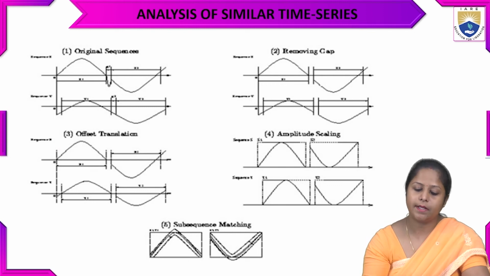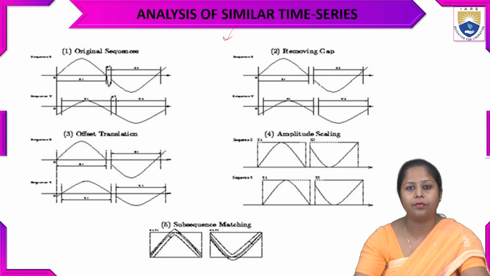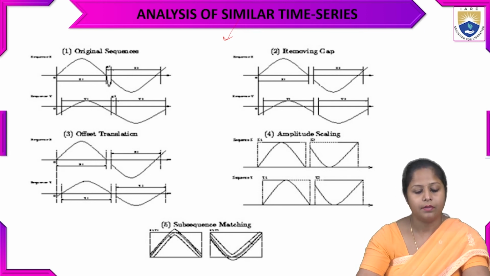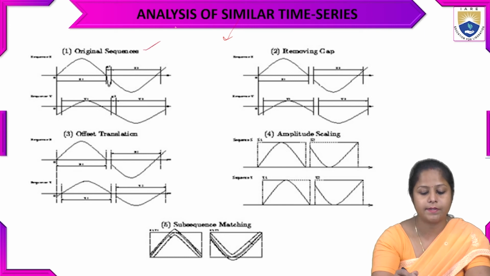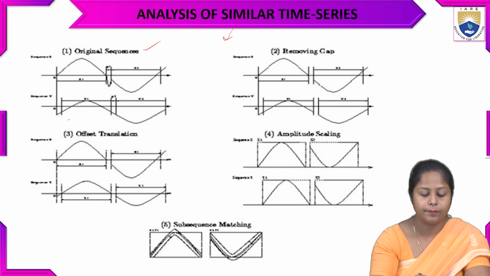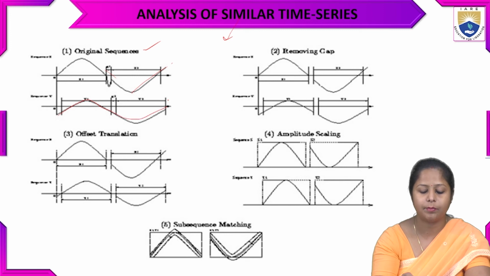In this example, we have the analysis of some time series data. Here we have five types of analysis of time series data. In the first example, we can see the original sequence. Some trend is there, and after analyzing the sequence, we get this type of trend.